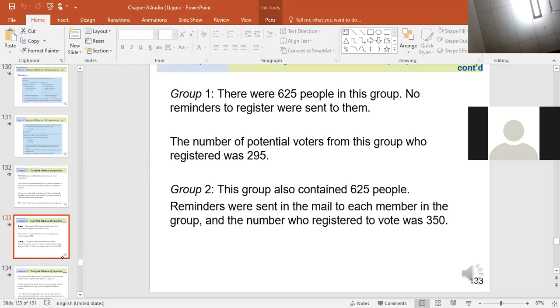Testing for proportion, we are going to have H0, P1 equals P2, or P1 minus P2 equals 0. H1, P1 is less than P2. This is the proportion of voters that we register. In group 1, no reminder was sent. Group 2, reminder was sent. And this is our claim.